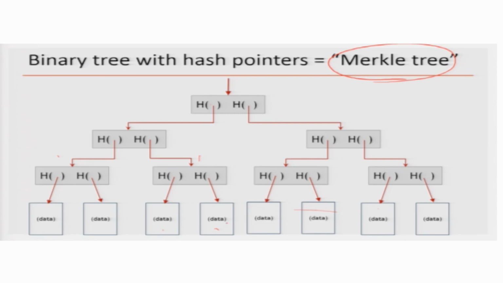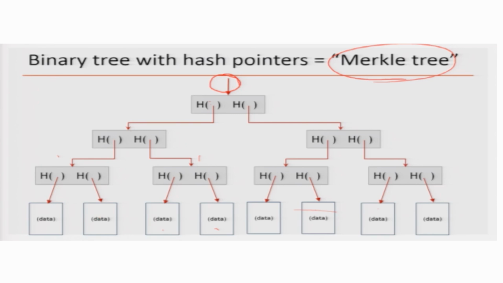If instead of chaining them, you have the tree structure and you have the hash to this, then you know that this block has not been tampered with. Then you locate this, and then this, and then this. So, it is a logarithmic search for a particular block of data.